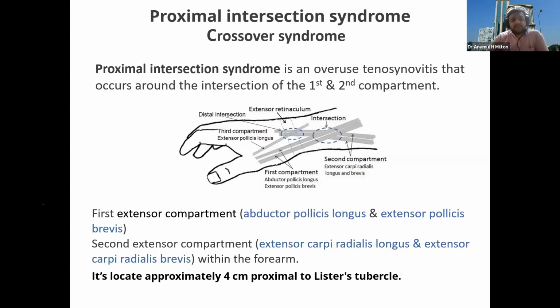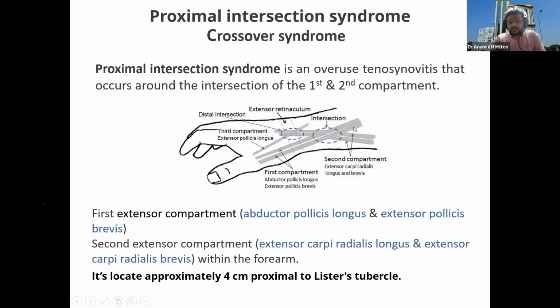now the proximal intersection syndrome. So proximal intersection syndrome is very common, and it is actually an overuse tenosynovitis, and it is due to the first and second compartments. In the first compartment there are two important tendons, and in the second compartment there are also two important tendons.